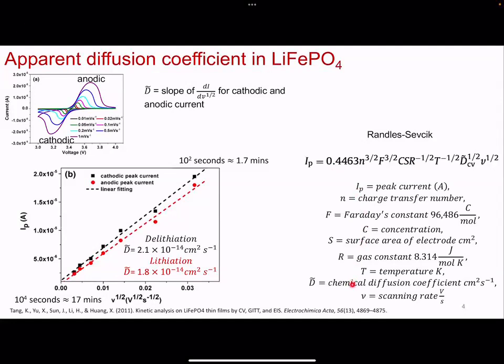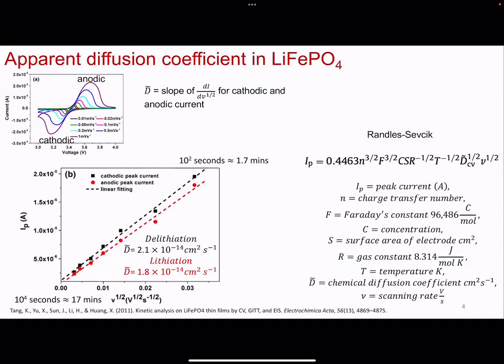All of this is known, so you can back out the chemical diffusion coefficient, and you can track the Ip, the peak current, for both the cathodic and the anodic peaks, so upon reduction and upon oxidation. Here, if it's lithium iron phosphate, it's already lithiated, so you're going to remove the lithium and then re-lithiate. So oxidation and then reduction.